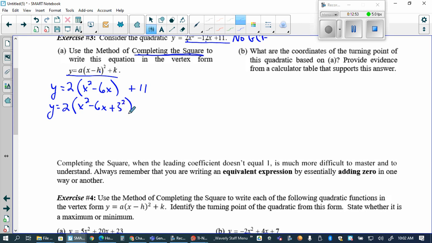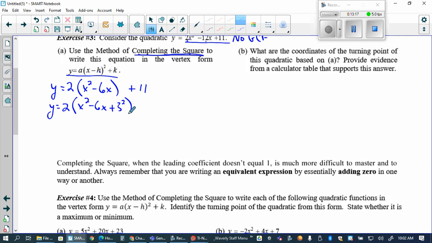What did I just add to the equation as a whole? 3 squared? Yeah, that's a 3 squared. But what did I really add to the equation altogether? Did I just add 3 squared?